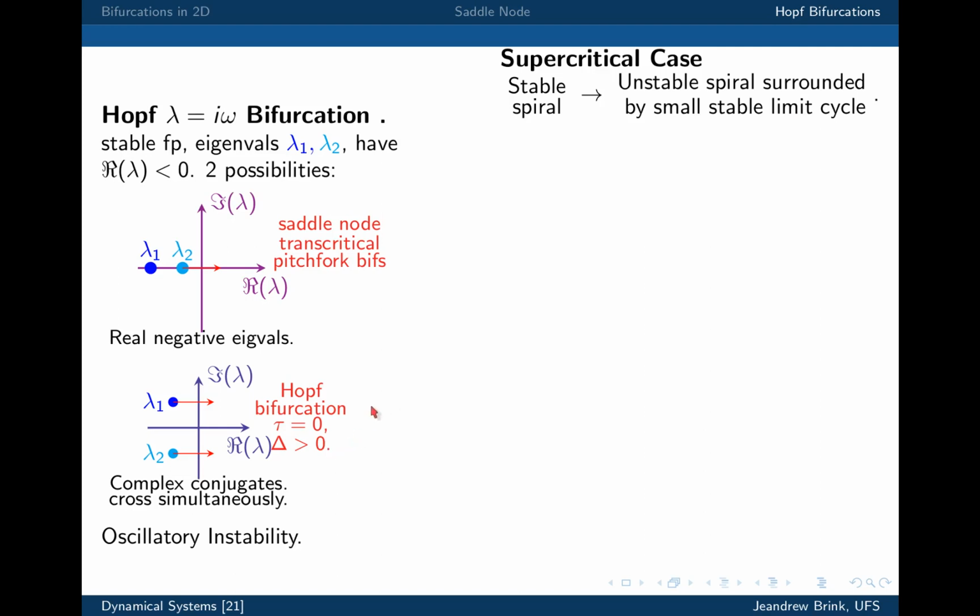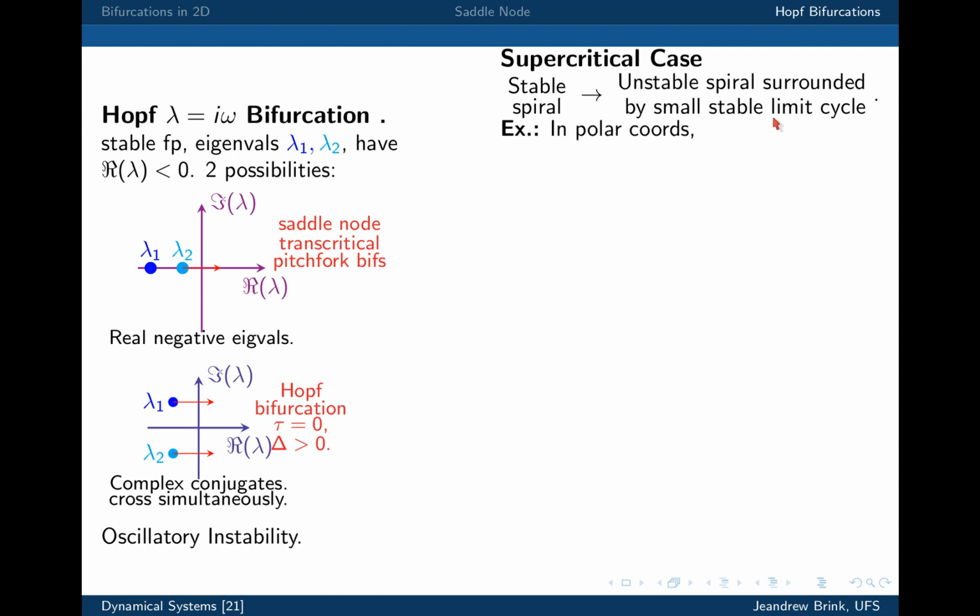Okay, so remember, if you have complex eigenvalues, you can write them as tau plus i omega. So these limit cycles are born with a frequency given by the omega of the original fixed point. So you get something of the nature of the spiral going into the limit cycle.